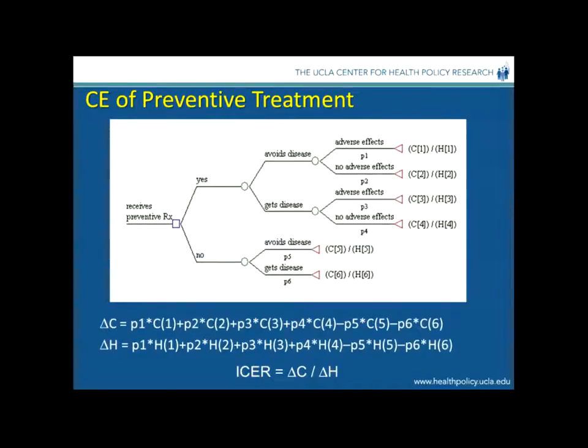So you're hoping to see a much higher probability of people avoiding the disease. And you're hoping to minimize P1 and P3, and ideally have zeros for them.